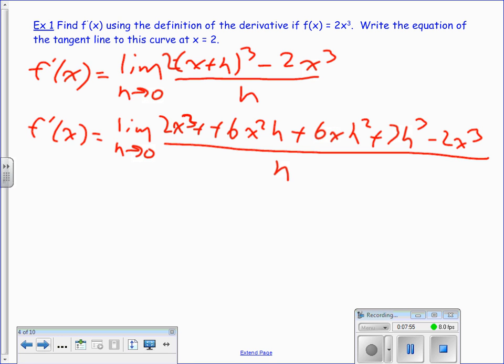So if I do the binomial expansion of x plus h cubed and then multiply those terms all times 2, that's what you get. Trust me on this one.